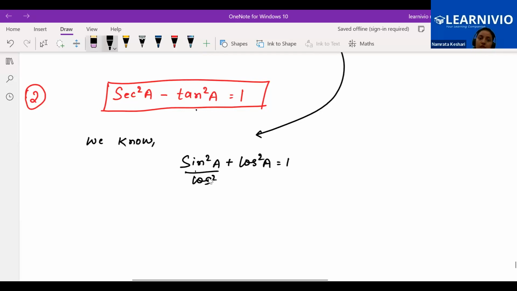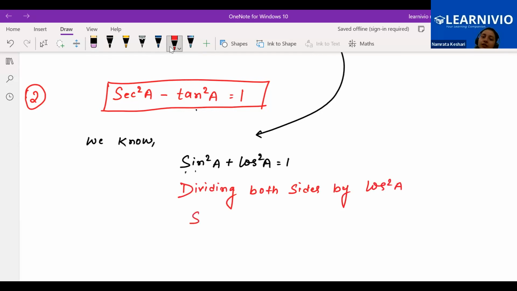So this time we will be dividing both sides by cos square.